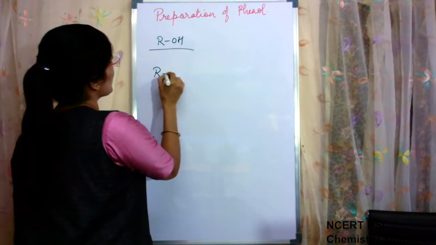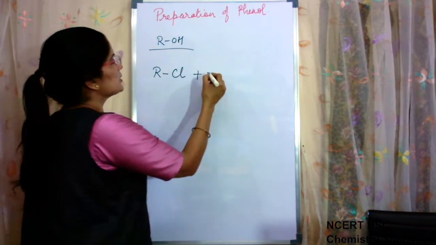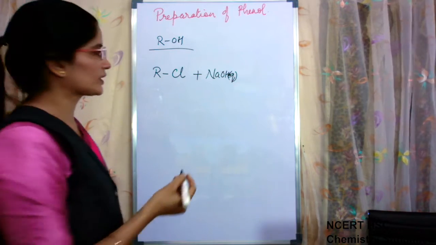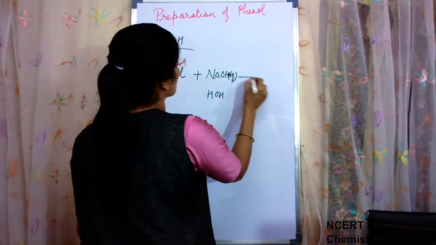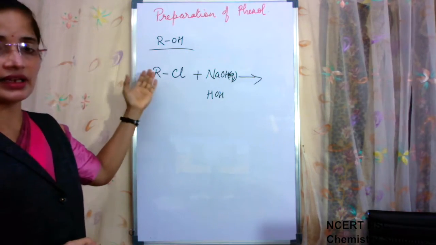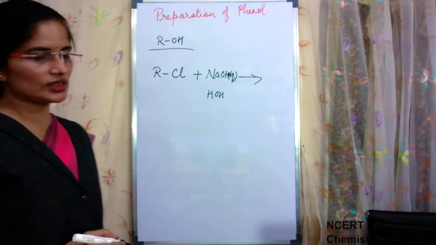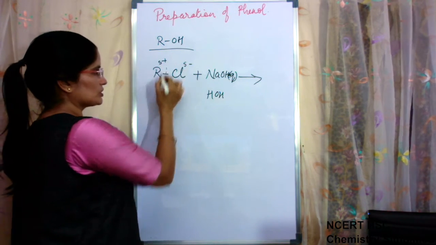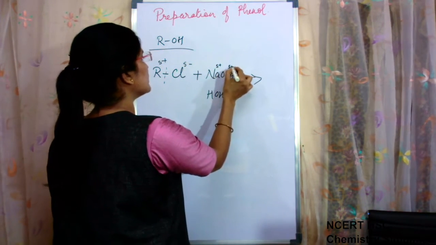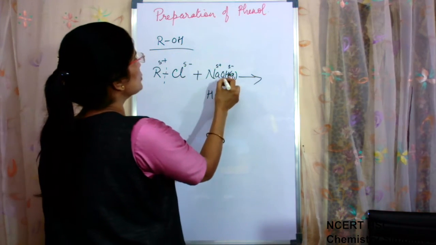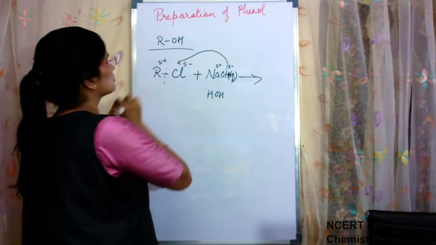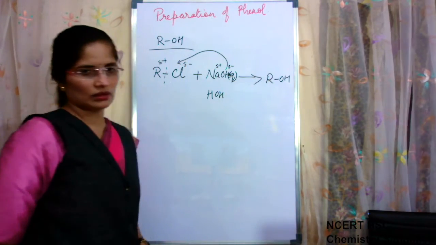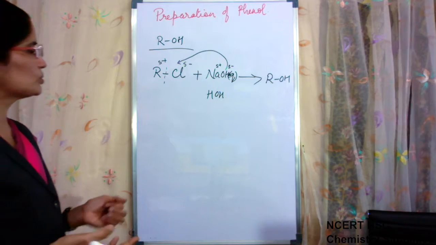If we use a haloalkane RCl and treat it with aqueous alkali, aqueous NaOH, or simply with HOH, then because haloalkanes can easily give nucleophilic substitution reactions, because this bond is a single bond with partial positive and partial negative charges, the nucleophile easily attacks and replaces Cl and forms ROH, by SN1 or SN2 mechanism.